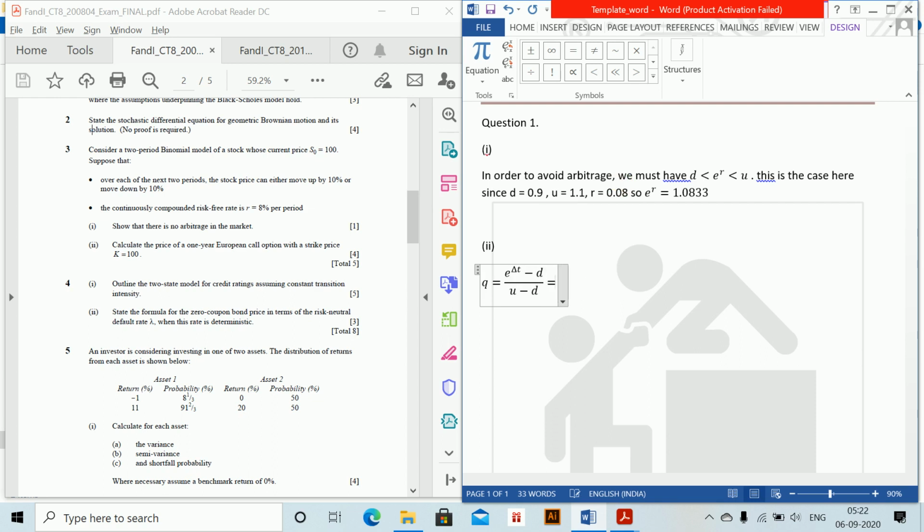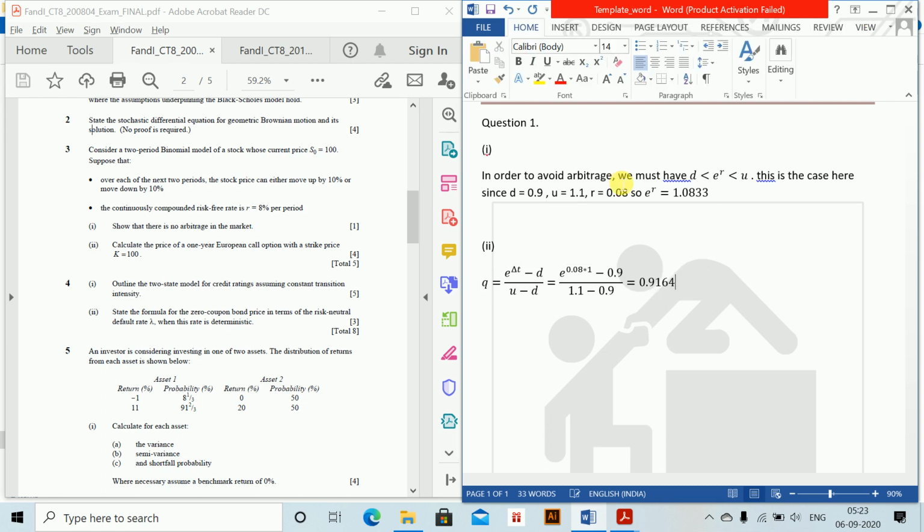Okay, so e to the power 0.08 into 1, since you have to calculate for one period, minus 0.9, divided by 1.1 minus 0.9. This is equal to 0.9164. And once you have this, you can calculate the binomial tree.